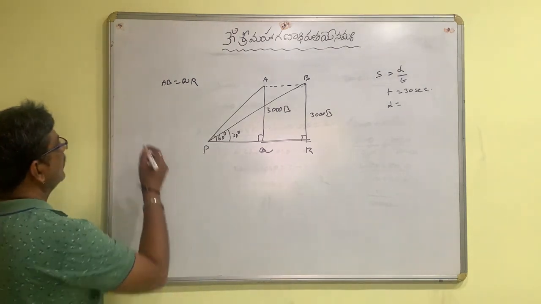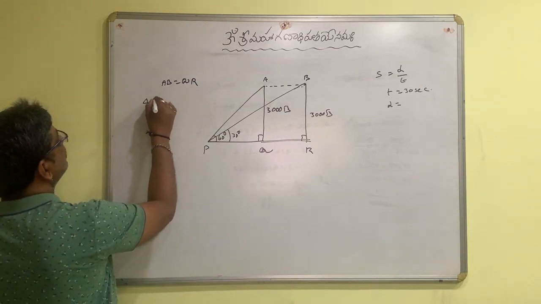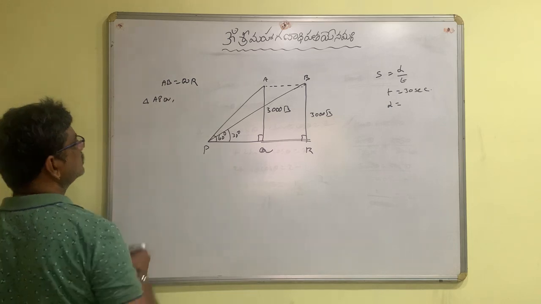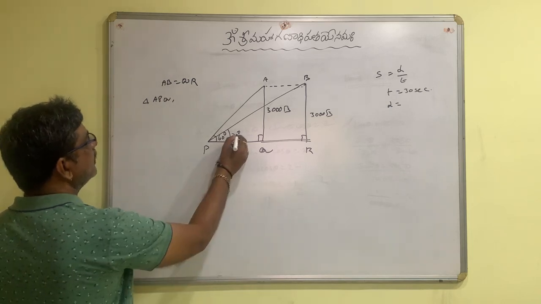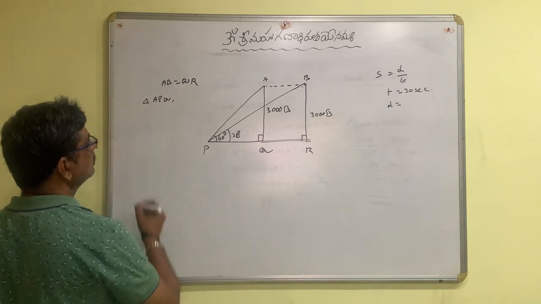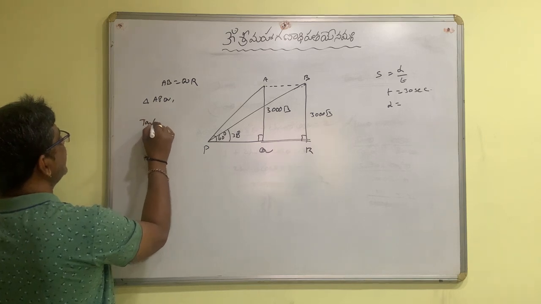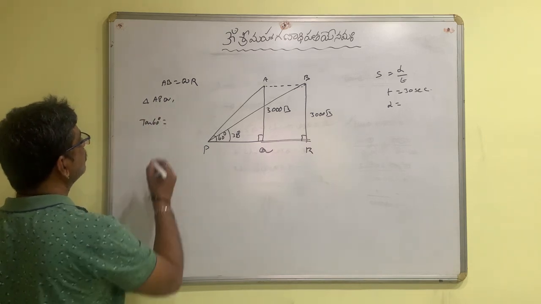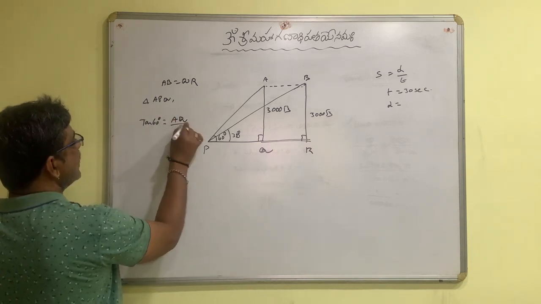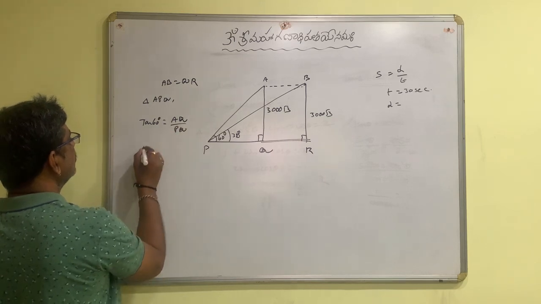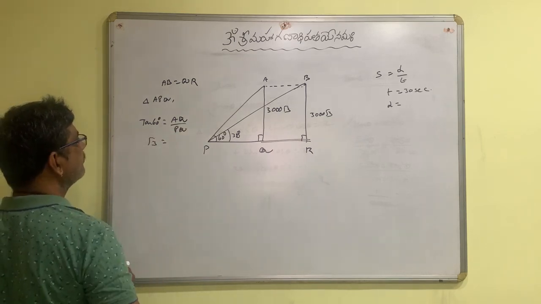Now, I am considering triangle APQ. Tan 60 degrees is equal to AQ by PQ. We know tan 60 is root 3.